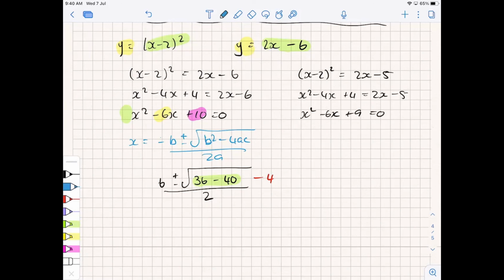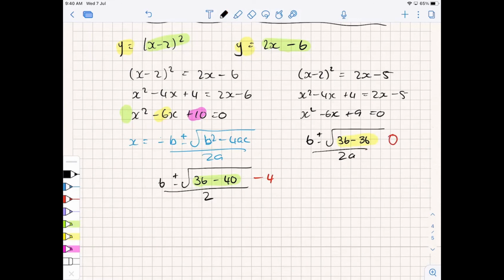Let's take our x equal to minus b. So we're going to get 6 plus or minus the square root of 36 minus 4 times 9, which is 36, all over 2a. You can see that the discriminant this time is going to become 0.